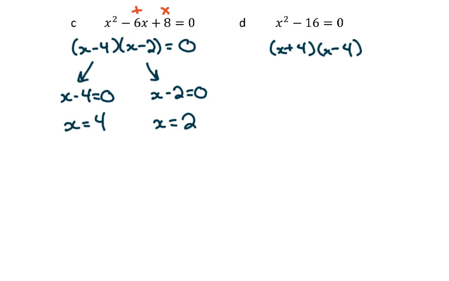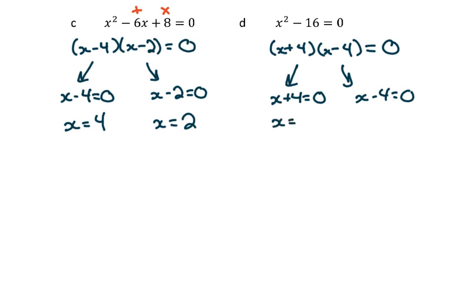And because this is part of a quadratic equation, it does equal 0. Can't forget those differences of squares. They will pop up. Know that it's going to happen. Go ahead and split this. We get x plus 4 equals 0 and x minus 4 equals 0. Getting the x's by itself, x equals negative 4 on the left, x equals 4 on the right.